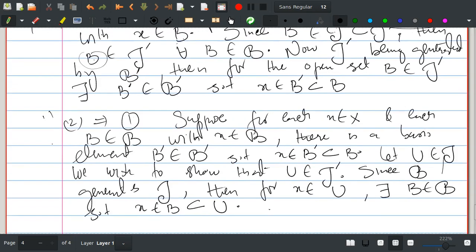If this is the case, if x is in b, we can find a b prime in B prime with this condition.